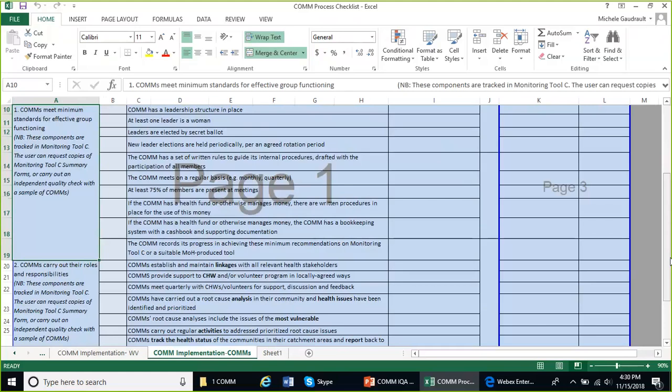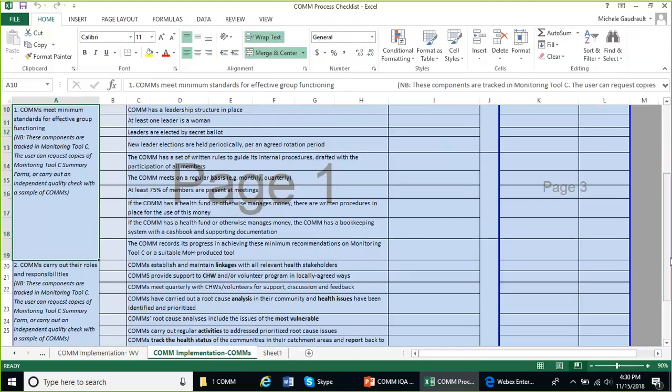So this IQA tool, or this tab here, can be used perhaps as a validation or a verification of what we're already collecting through our monitoring system.